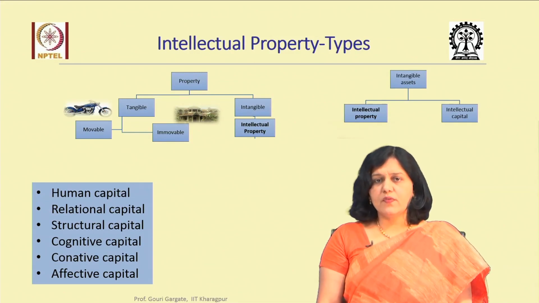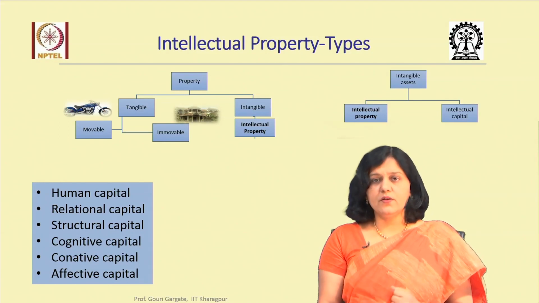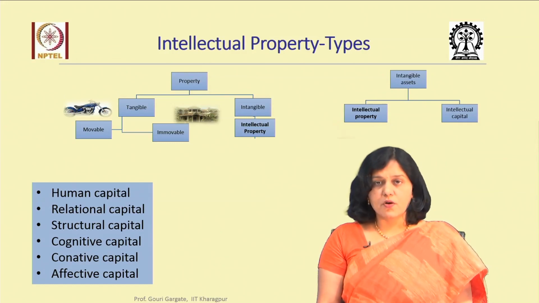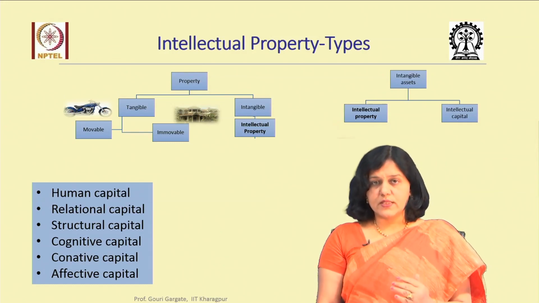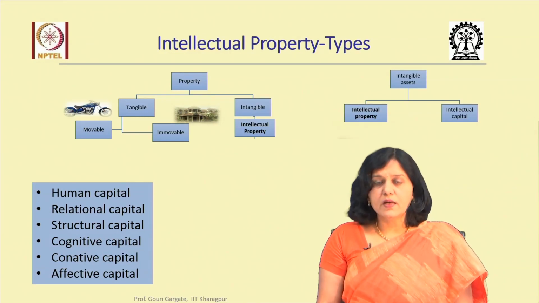Take an example of any organization, say the school in which you are learning or a college or organization you are working in. So, what is the human capital of your college or school? All students, teachers, non-teaching staff, they form the human capital. What is relational capital?